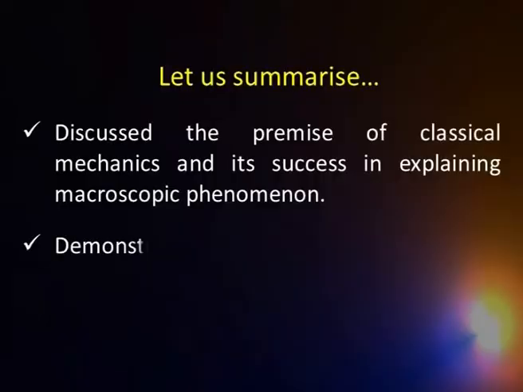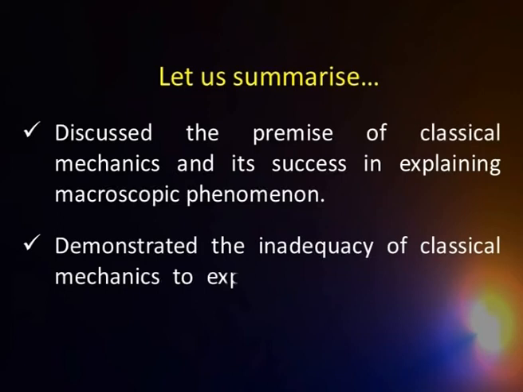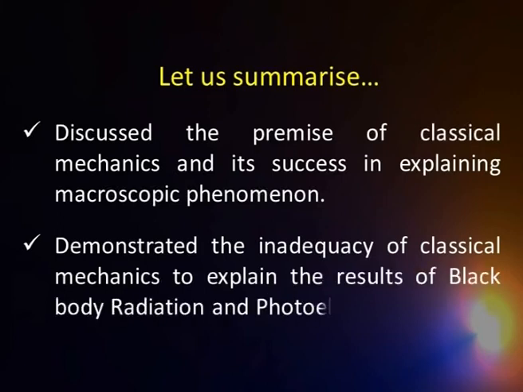On the basis of these 2 experiments we have been able to see that the experimental observations and the theoretical predictions from classical mechanics do not match. That means classical mechanics happens to be inadequate in explaining the results of these experiments.